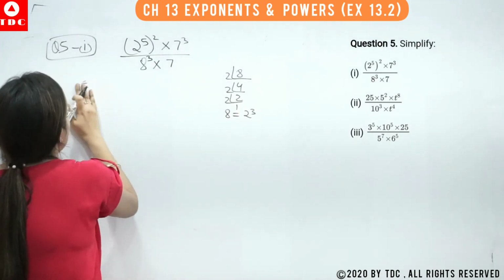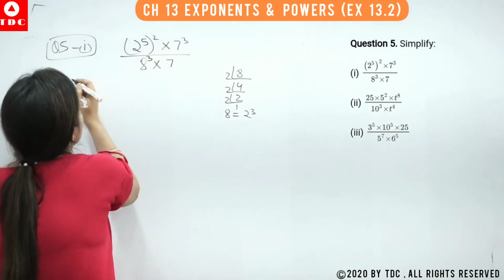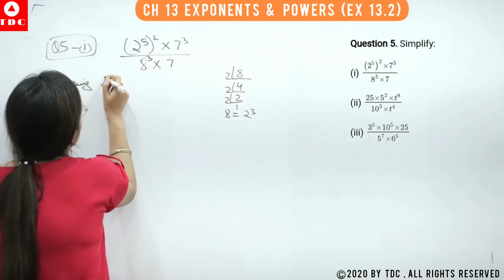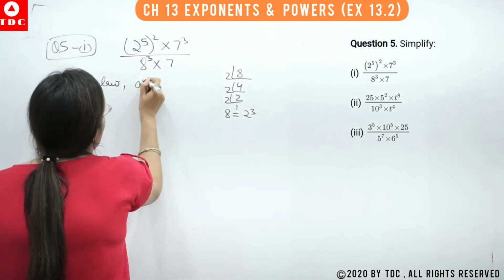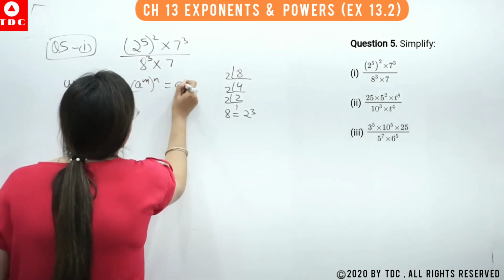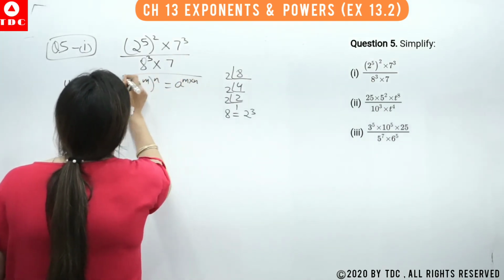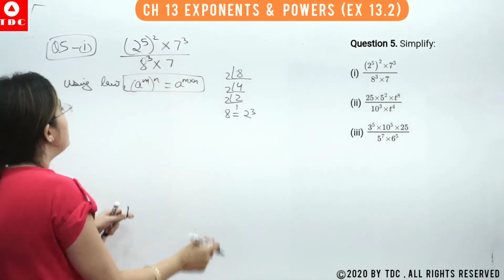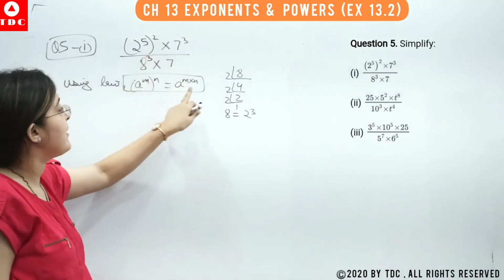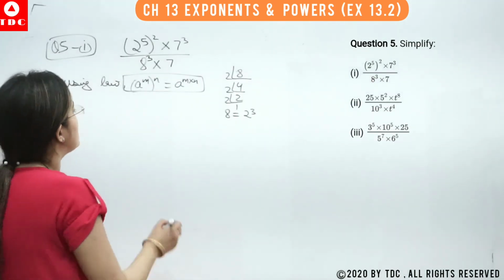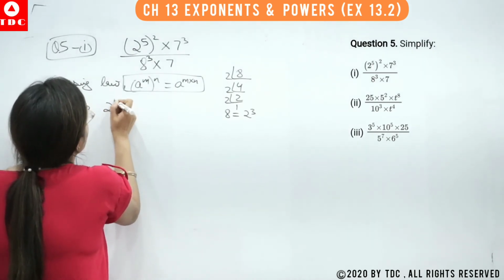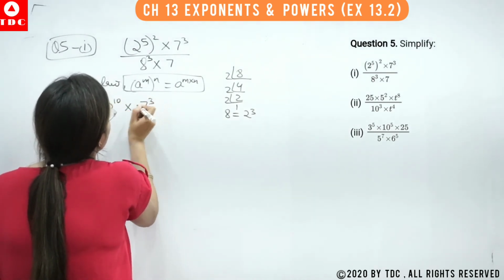So let's start, and here we can apply the rule using law. a to the power m to the power n will be a to the power m into n. See here the powers will be multiplied. 2 to the power 5 into 2, that means 2 to the power 10 into 7 to the power 3.